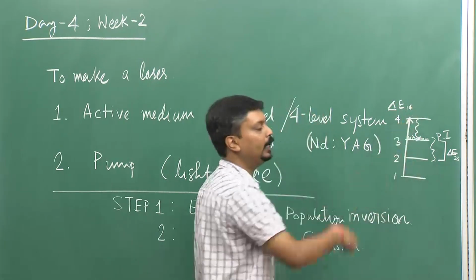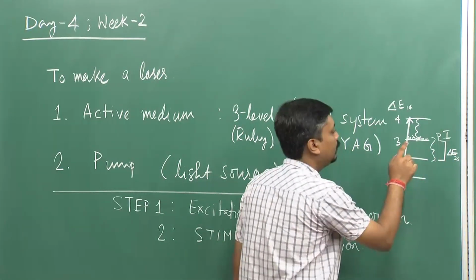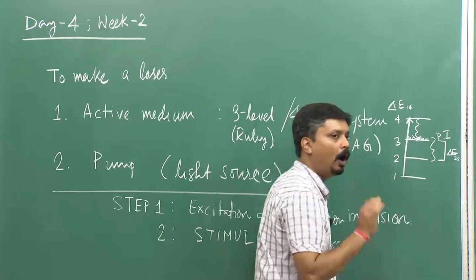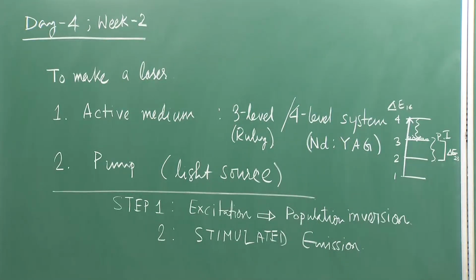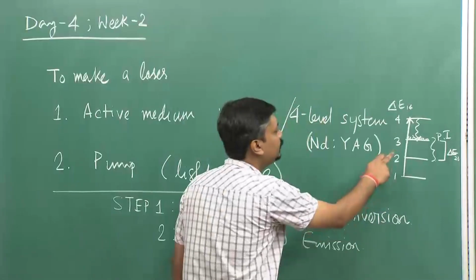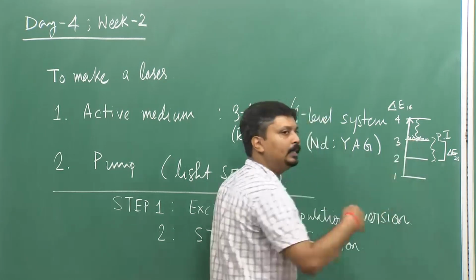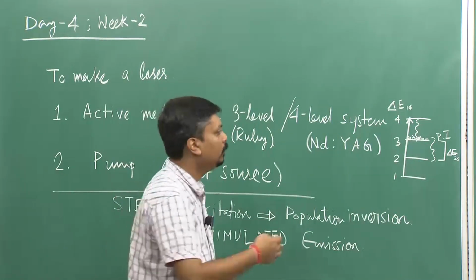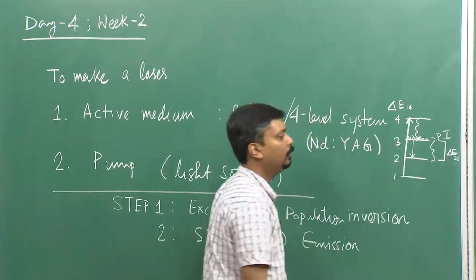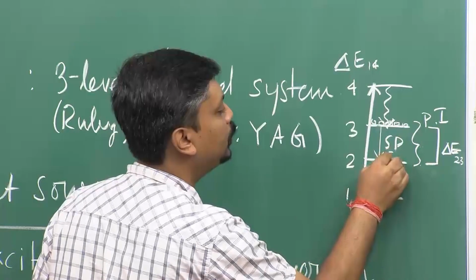So, delta E 1 4 is much higher than delta E 2 3. Now, in order to create a stimulated emission, I have to give a photon of the energy delta E 2 3. Okay. So, how can we do that? We do not need to supply any light from outside. Why? Because these atoms sitting at level 3 will at some point of time relax back to here by spontaneous emission, right. So, it will have spontaneous emission.